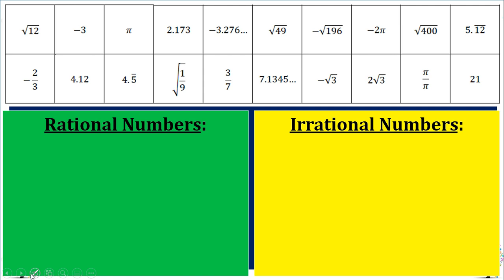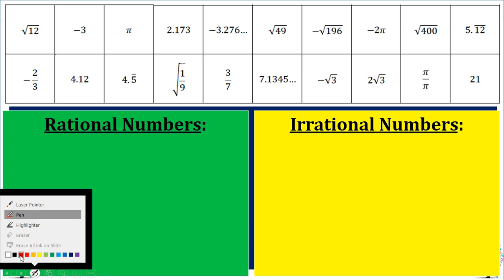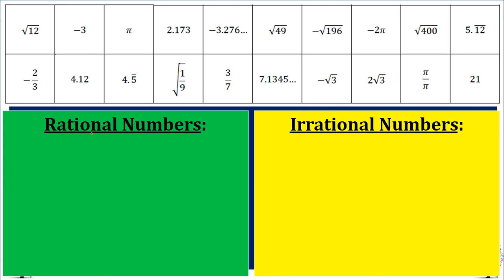Okay, so I want to go through each of these and I'm going to write them as rational or irrational, and I am going to express how they are indeed rational by writing them as a fraction where the numerator and denominator are integers. So the square root of 12 is non-perfect, so this is irrational. -3 is rational because I can write that as a ratio by putting a 1 in the denominator.